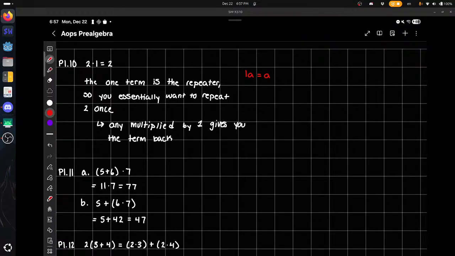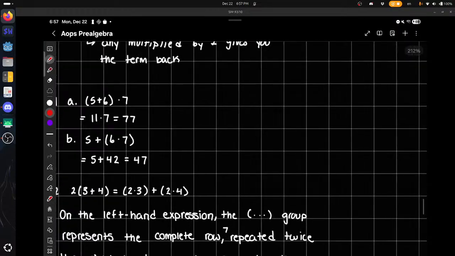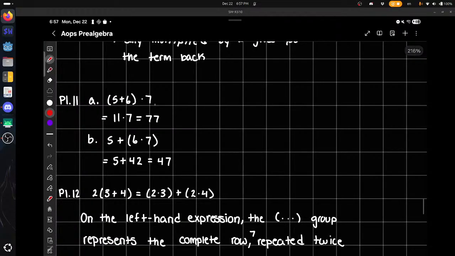Okay, let me read this. Before we continue, we'll probably find different operators. Okay, so they're leading into problem 11, where we have addition and multiplication.